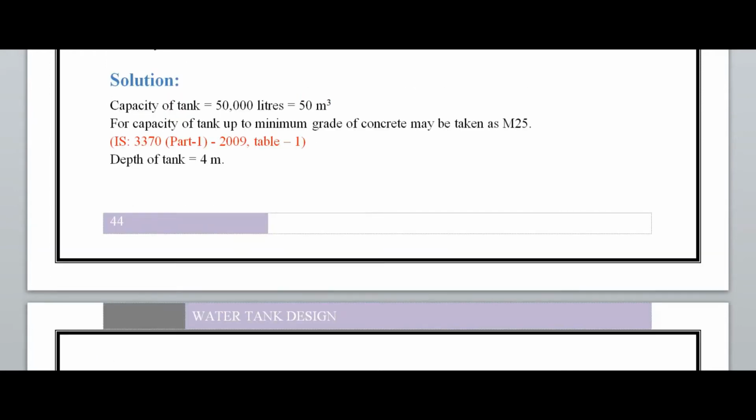First we have to understand the capacity of tank given is 50,000 liters. So 50 meter cube is the volume of the water tank. For a capacity of tank, the minimum grade of concrete may be taken as M25. For the design of water tank we will take the minimum grade of concrete as M25.